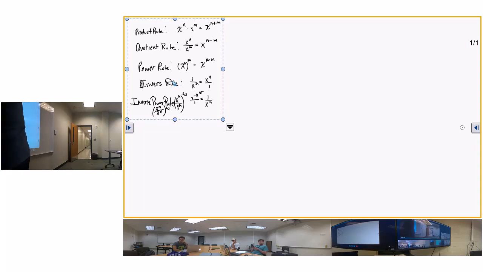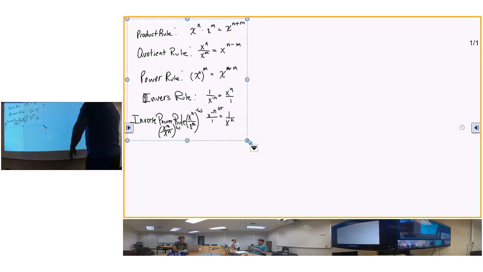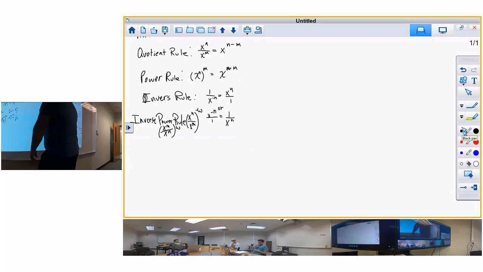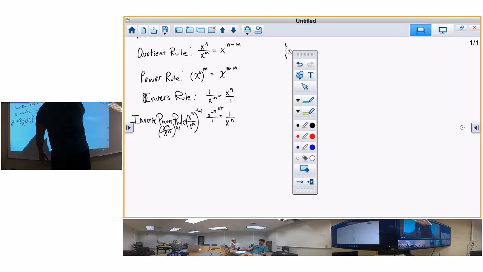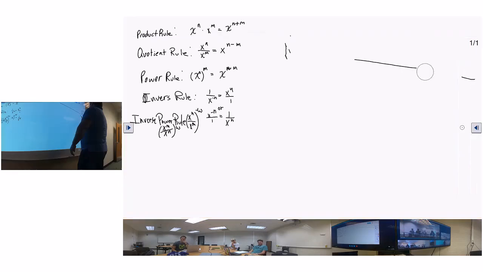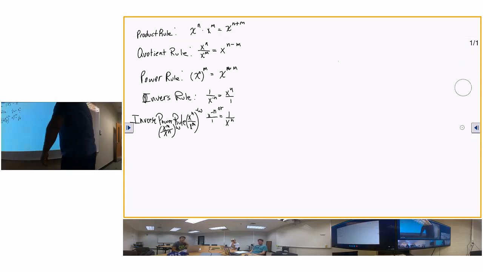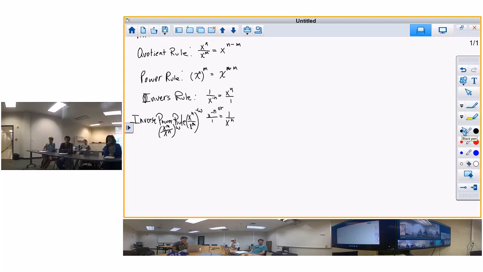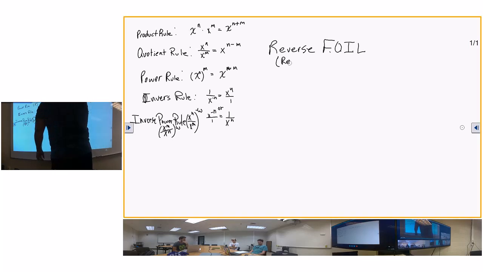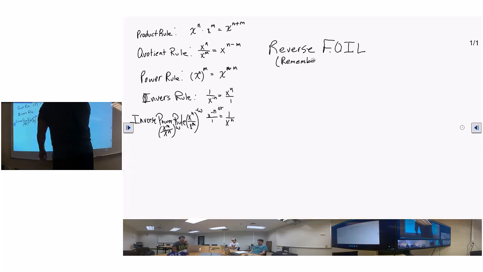So anyway, there is the inverse rule. Reverse FOIL. Now remember, when you do the reverse FOIL, you have to remember the FOIL method while you're doing it.